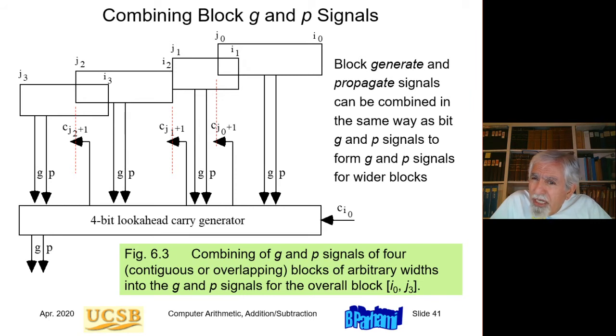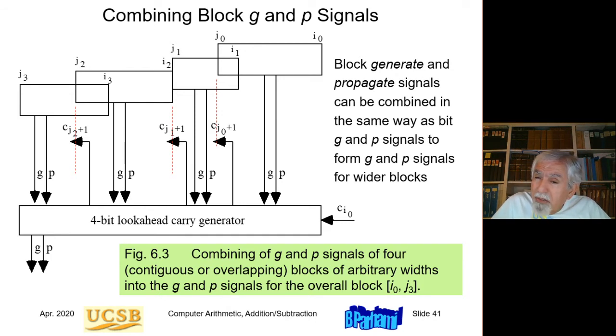So you see C sub j0 plus 1 is the carry into a position of that second block that starts right after the first block. Okay? This is easy to prove, and I leave it up to you to study the textbook to find out why this is the case.